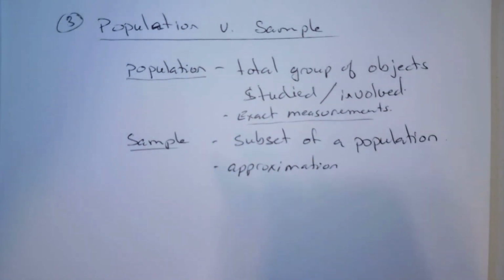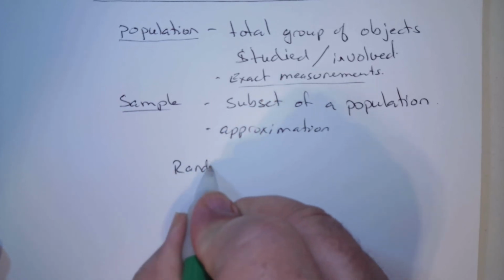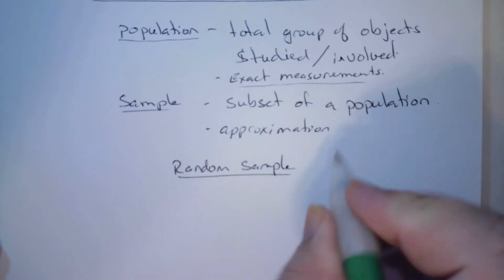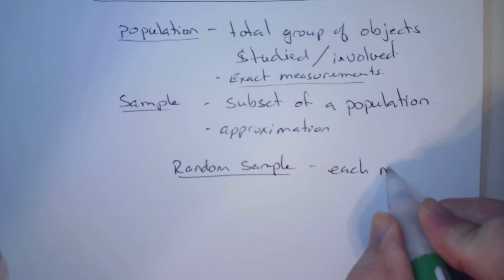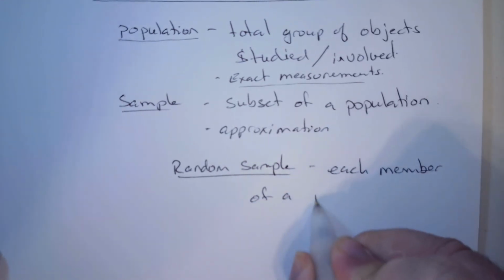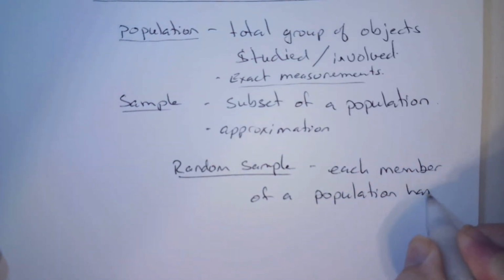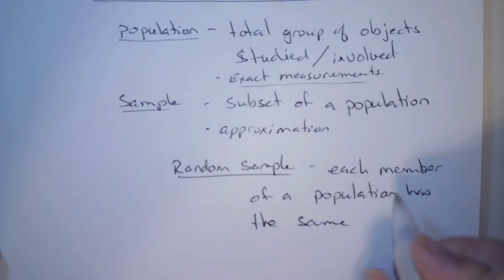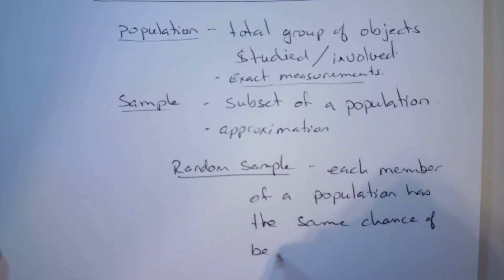Now, in samples, there are two types. We have what's called a random sample. The random sample is where each member of a population has the same chance of being selected.